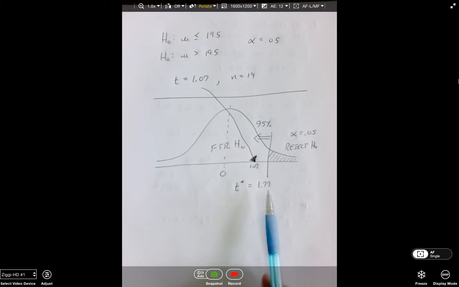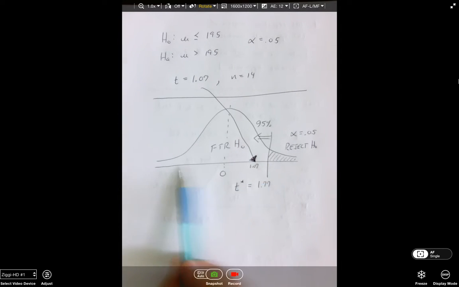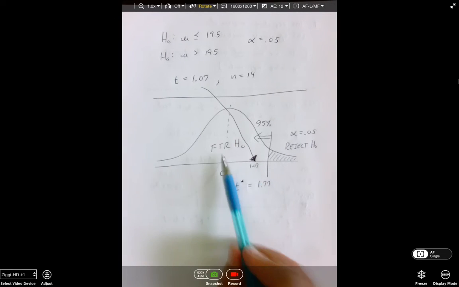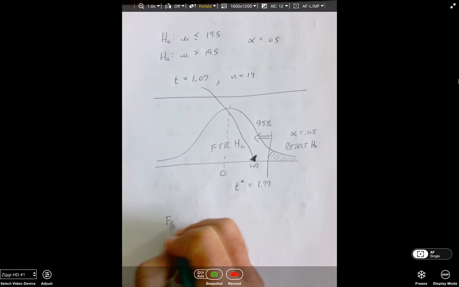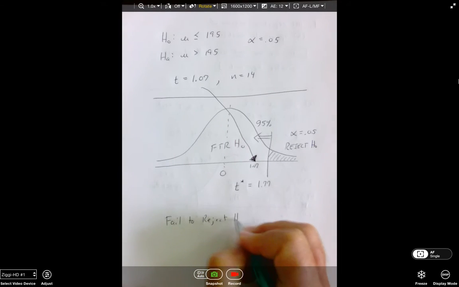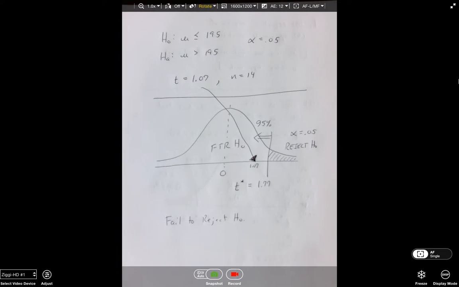So our critical region is everything to the left of 1.77 is our fail to reject. Everything to the right of 1.77 is our reject. Our 1.07 falls in the fail to reject. So our appropriate decision is fail to reject H sub O.